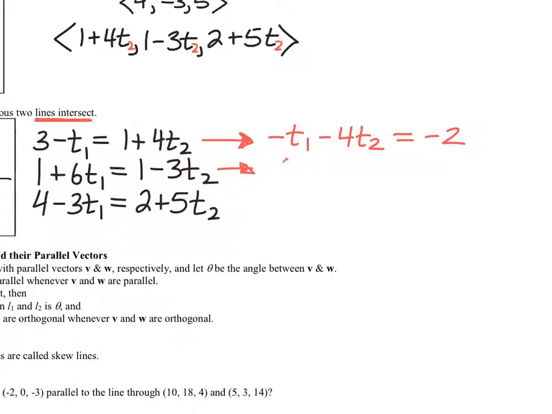And then 6t1 plus 3t2. That looks like a clean 0 unless I screwed something up. Always possible. All right. And then negative 2.